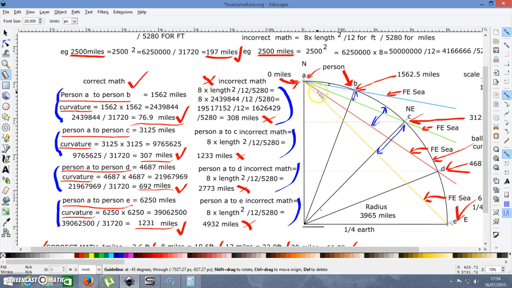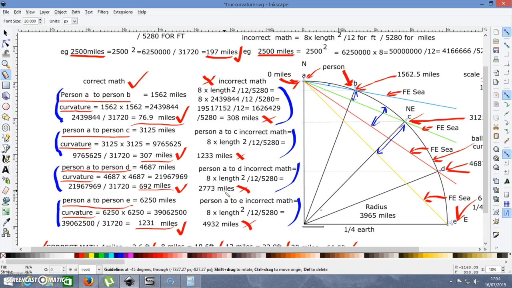From our A to D, we're obviously going to get the same result. Sorry, A to D here, person to person, measuring about 690. Well, measurement A to D, 692.